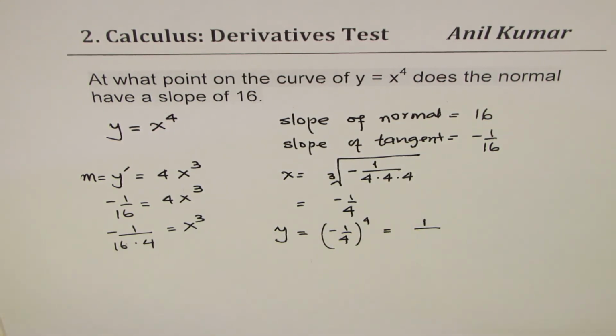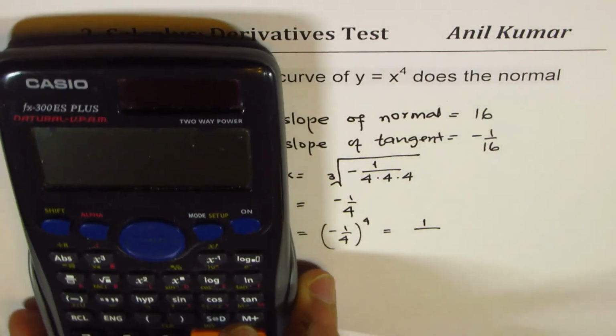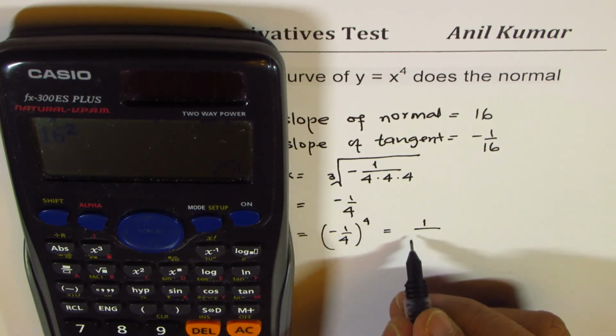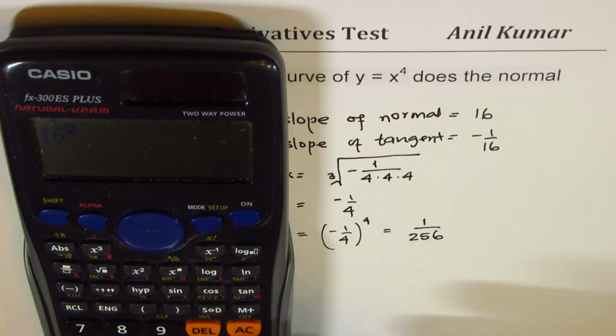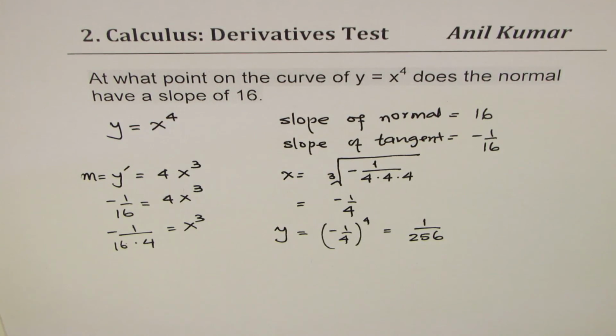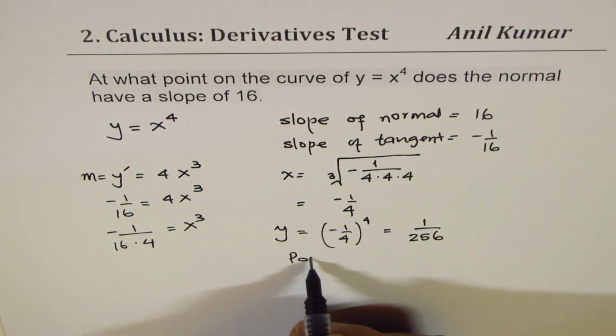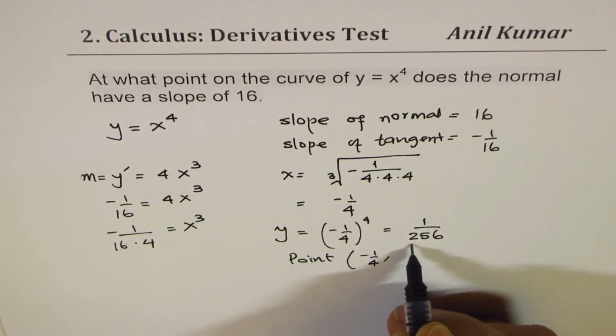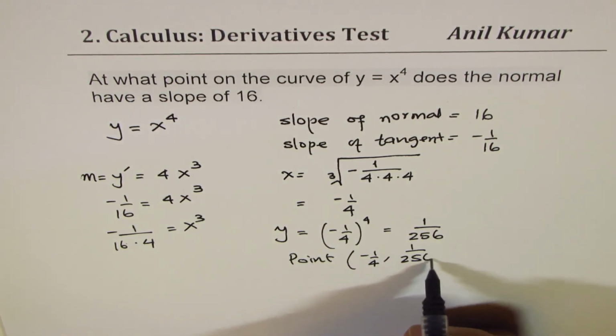So we could just multiply this and then write 16 squared, 256. Correct? So that becomes the y value. And therefore the point has an x value of minus 1 over 4 and a y value of 1 over 256.